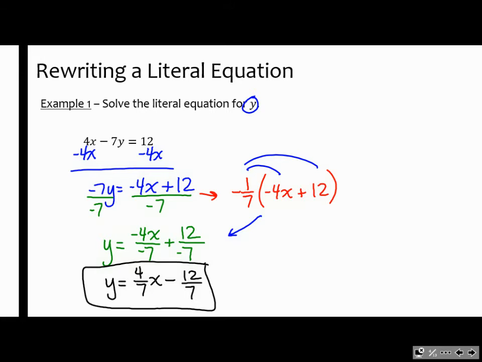Now, one of the things with literal equations, you can have it in various forms. I could have gone from here and simply written it as y equals -4x add 12 over -7. This could have been my solution because y was already isolated.